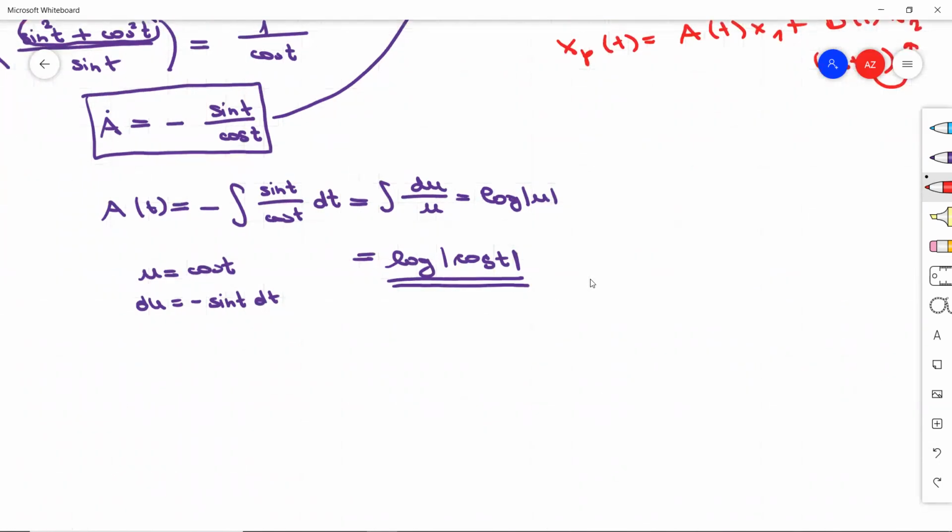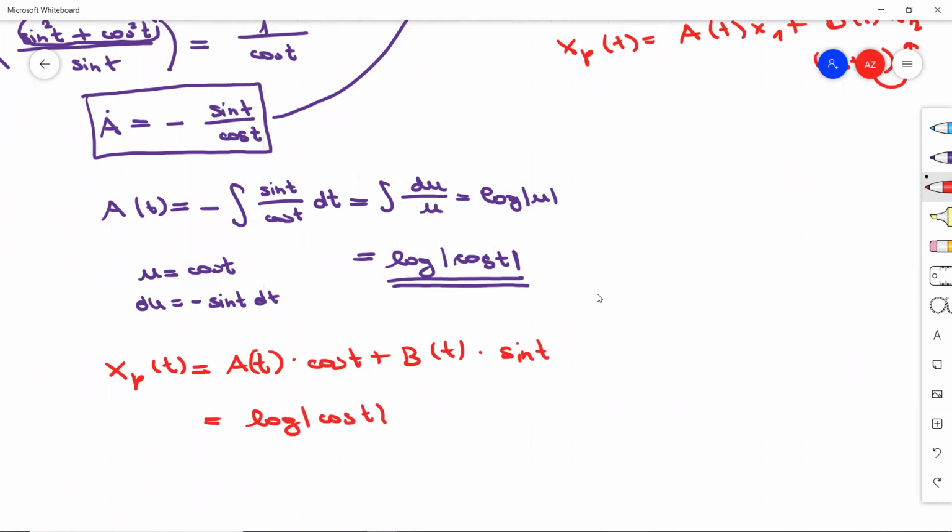So the final particular solution is then a of t times cosine plus b of t times sine. So it is logarithm of absolute value of cosine times cosine plus t times sine t.